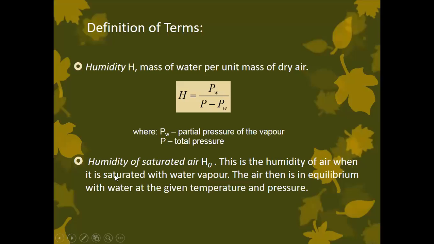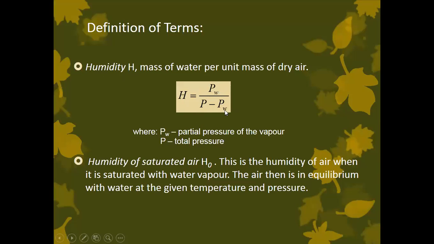Now, let's go back to the definition of humidity because we're going to use this concept again when we solve problems related to dryers. Humidity is the mass of water per unit mass of dry air. If expressed in terms of partial pressure of water vapor, that would be the partial pressure of water vapor over the partial pressure of dry air.